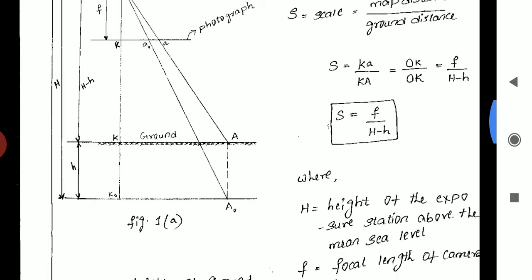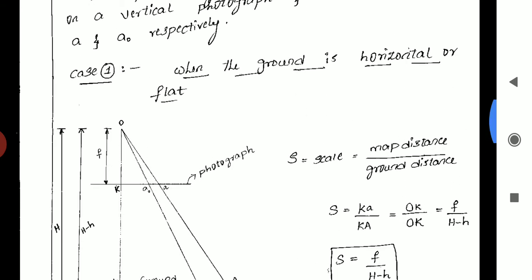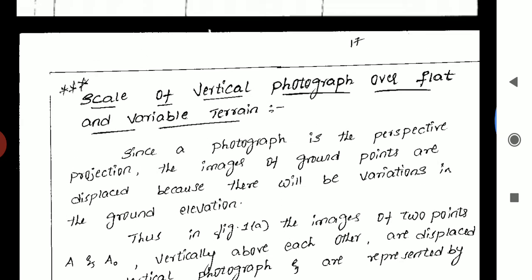From this point we have to derive the equation: when the ground is horizontal or flat, the derivation of the scale of a vertical photograph over flat or variable terrain.